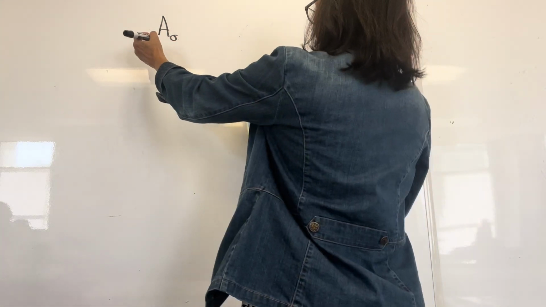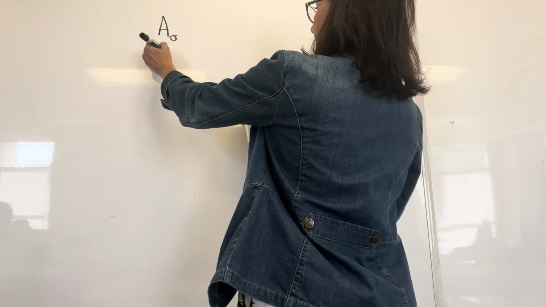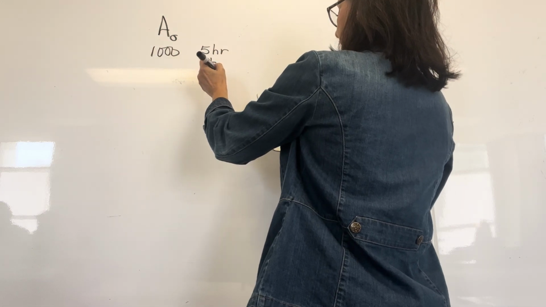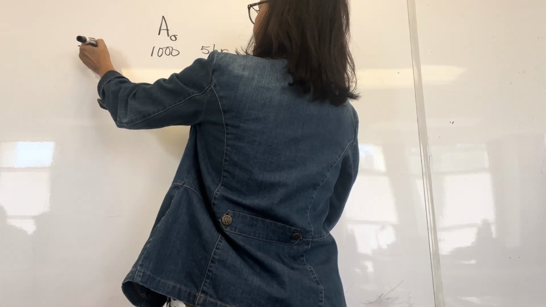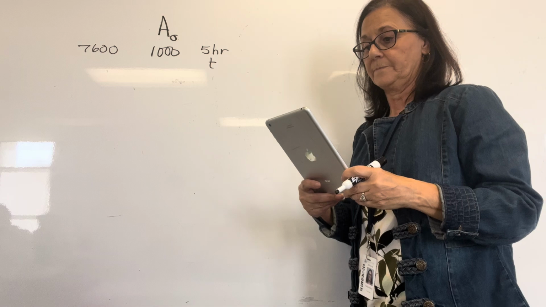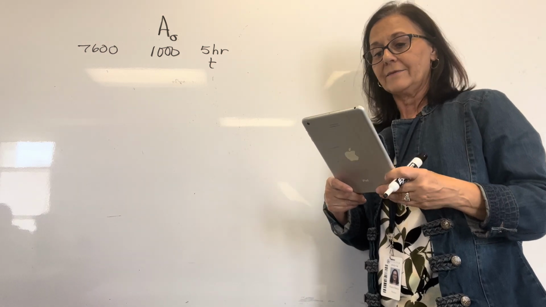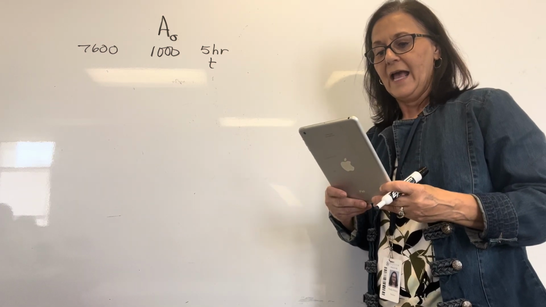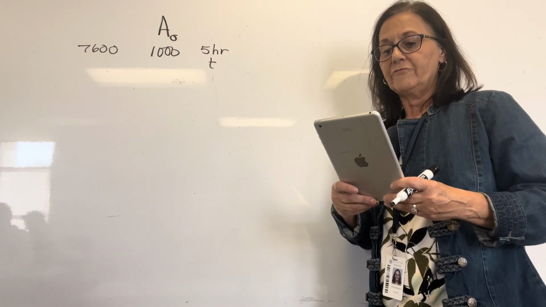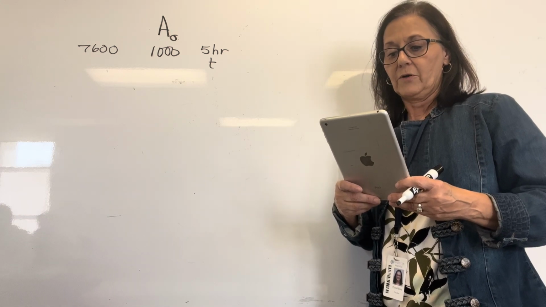So originally we have 1,000. We go 5 hours, that's our time, and then we have 7,600. So it's growing exponentially. Assuming that the bacteria grows exponentially, how many will there be after 24 hours?